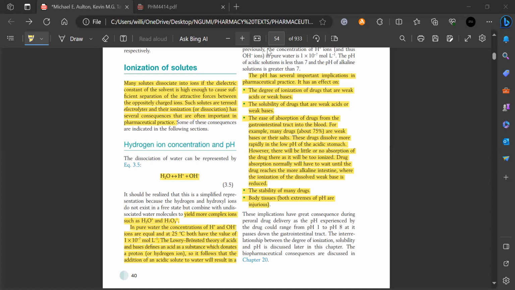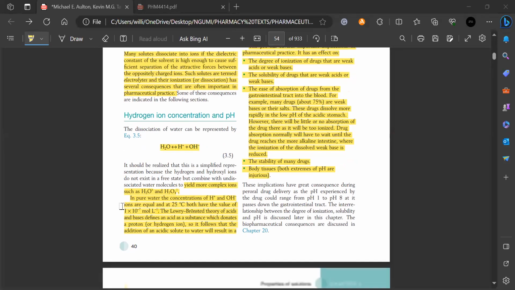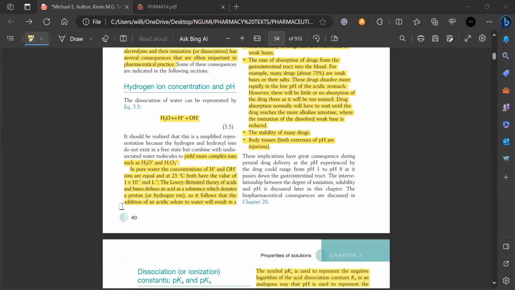So in pure water, the concentrations of the hydrogen ions and the hydroxide ions are equal. And at 25 degrees Celsius, both have the value of 1 times 10 to the power -7 moles per liter.